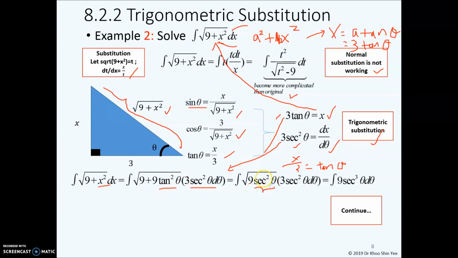Therefore, you can reduce into this form, and the square root here can be cancelled off. Then you get secant angle here. This part is square root of 9, you get 3. So 3 multiplied by 3, you get 9, secant angle multiplied by secant squared angle, you get this term. So let's continue.